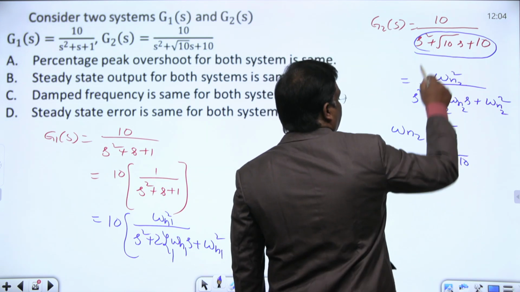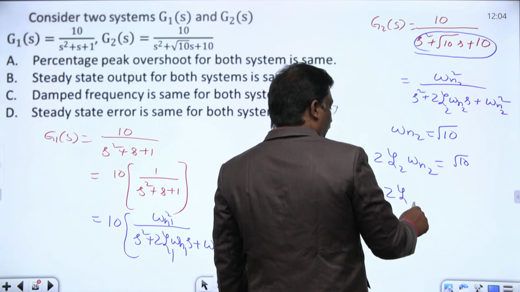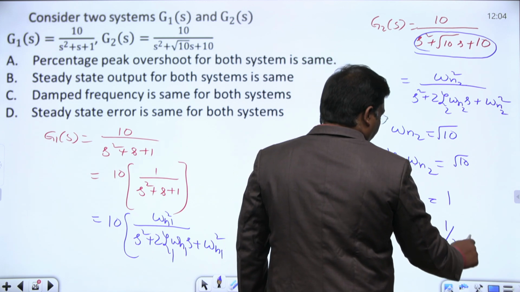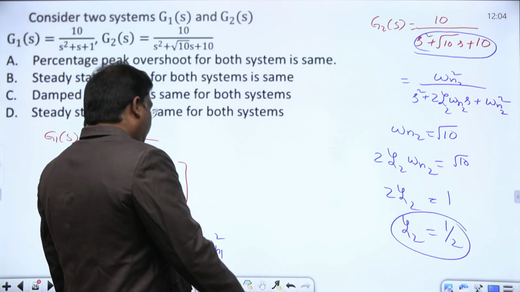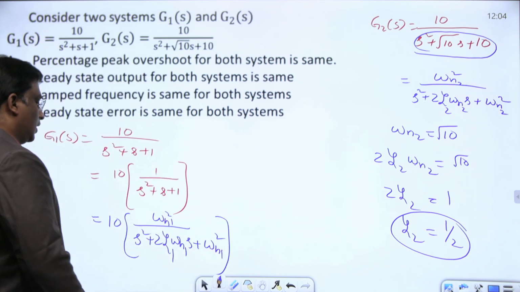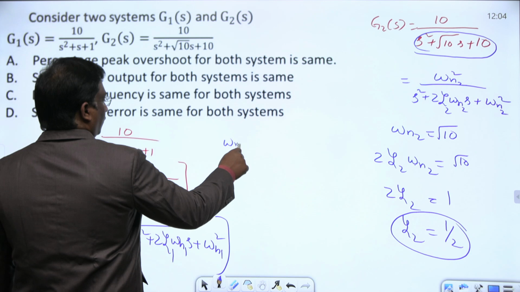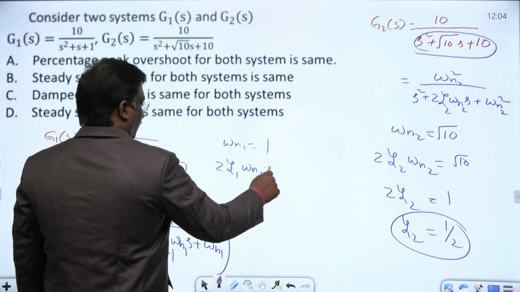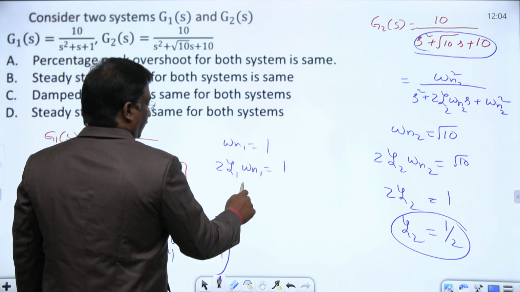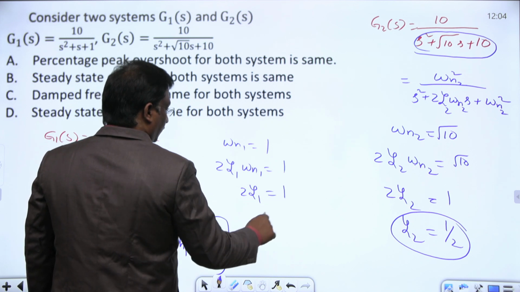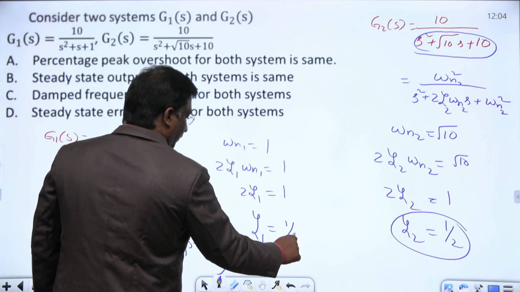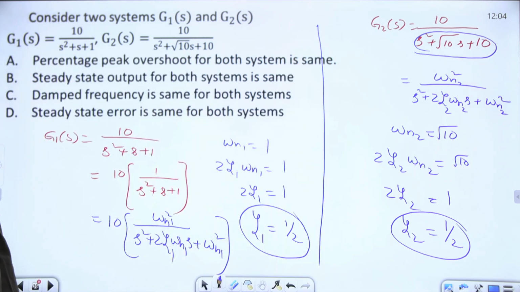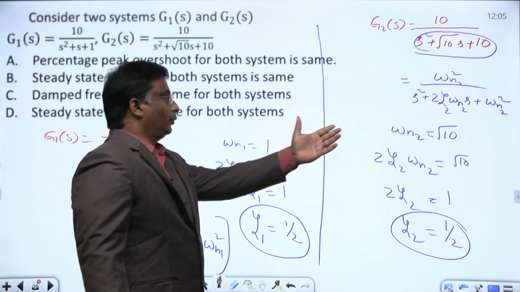If I compare here, root 10 cancels, and zeta 2 equals 1 by 2. And for the first system, omega n1 equals 1, 2 zeta omega n1 equals 1, so zeta 1 is also 1 by 2. If I compare these two systems, which parameters are the same? The omega n is different.